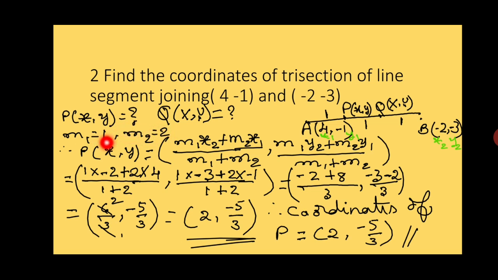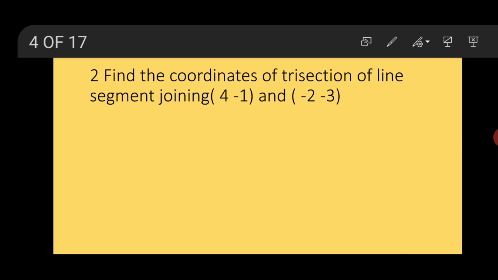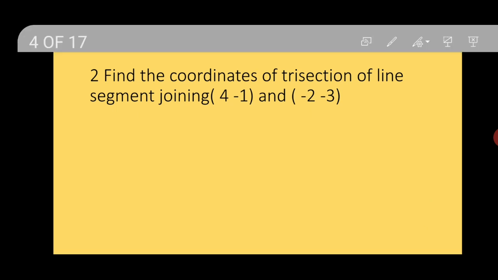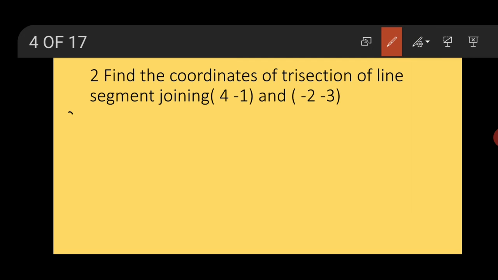So M1 becomes 2 and M2 is equal to 1 only. So M1 and M2 will be changed now. M1 is 2 and M2 is equal to 1 for the coordinates of point Q. Right? Now find the coordinates of point Q.